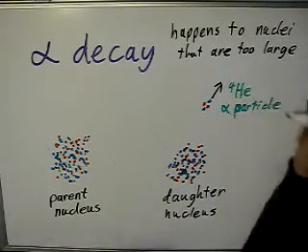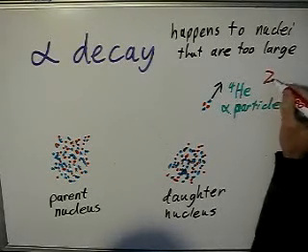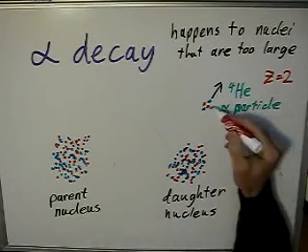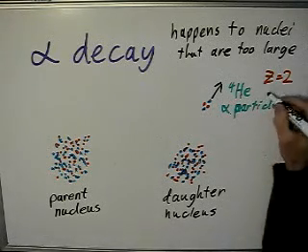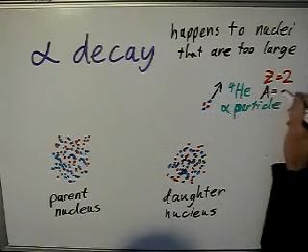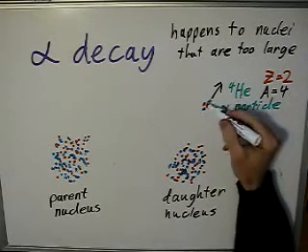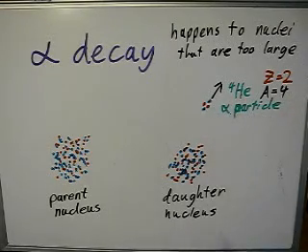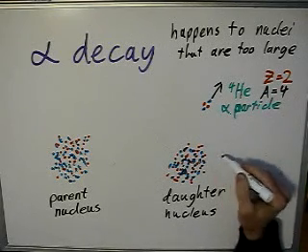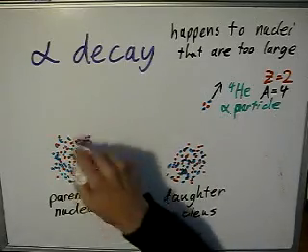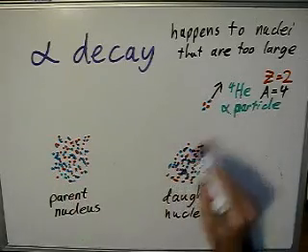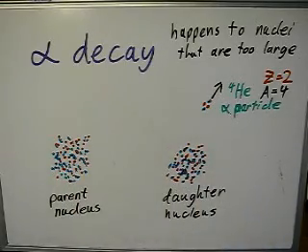Now, we can say another thing about this process by thinking about the neutrons and protons. The helium-4 has Z equal to 2 because there are 2 protons in it. It also has a mass number A of 4, so 1, 2, 3, 4. There are 4 particles in that one. So the parent nucleus lost 2 protons and 2 neutrons. What can you say about the daughter nucleus compared to the parent nucleus?